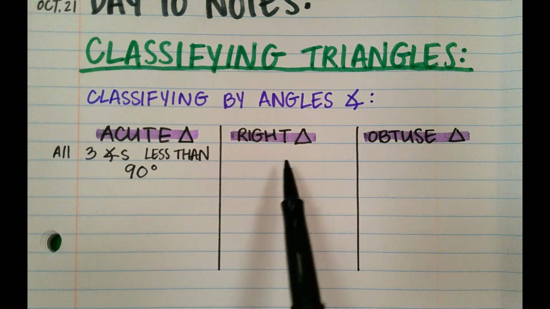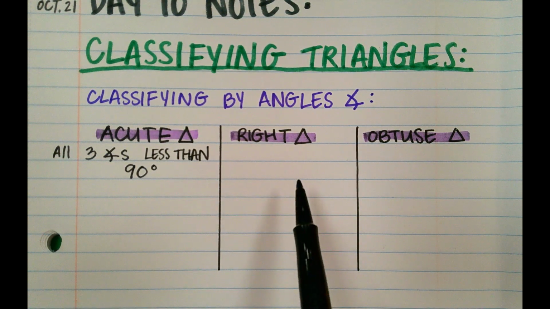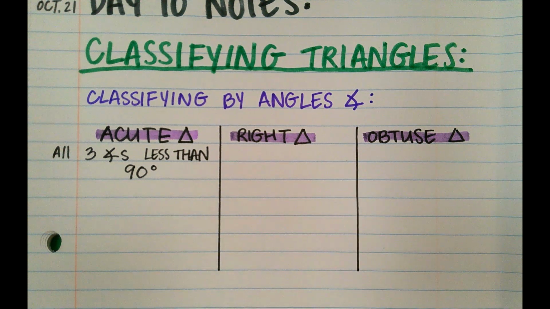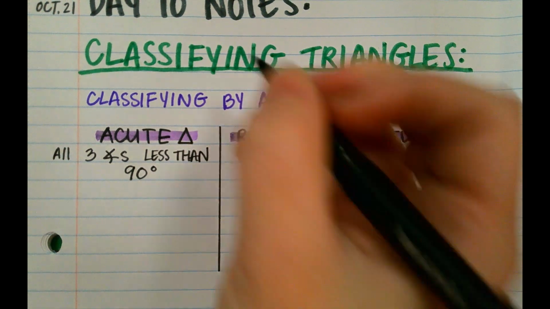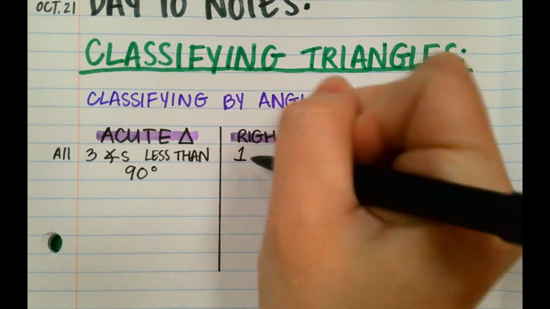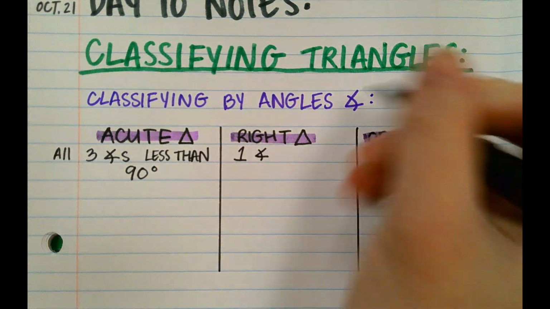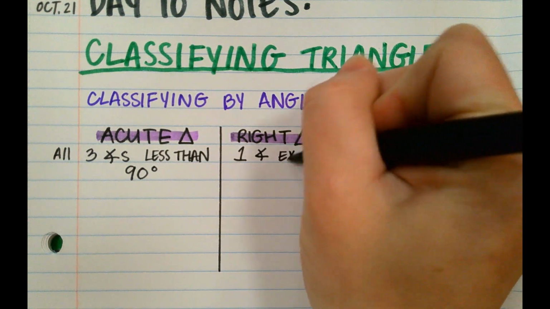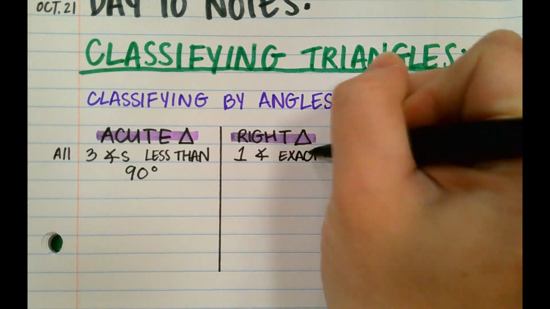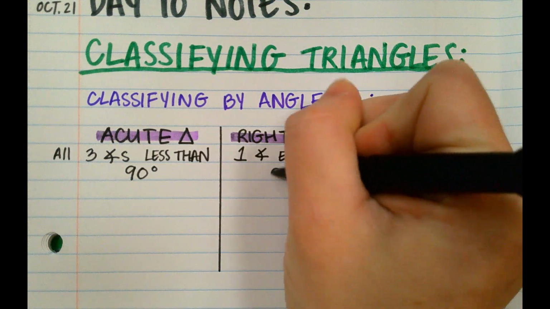Next, our right triangle just has to have one angle that is exactly 90 degrees.